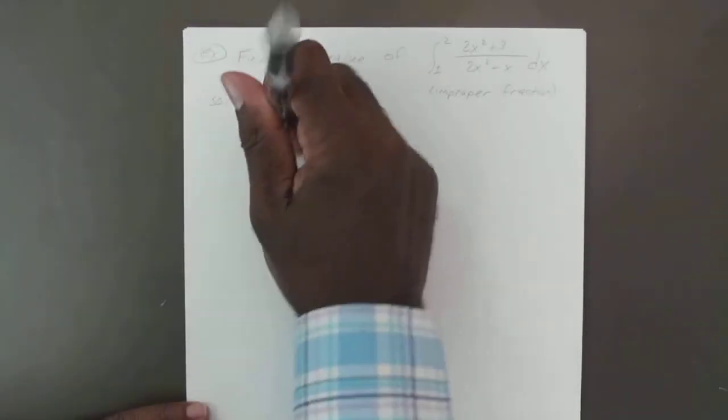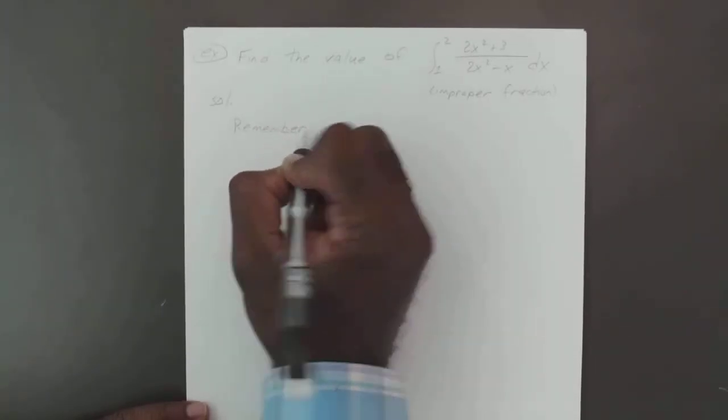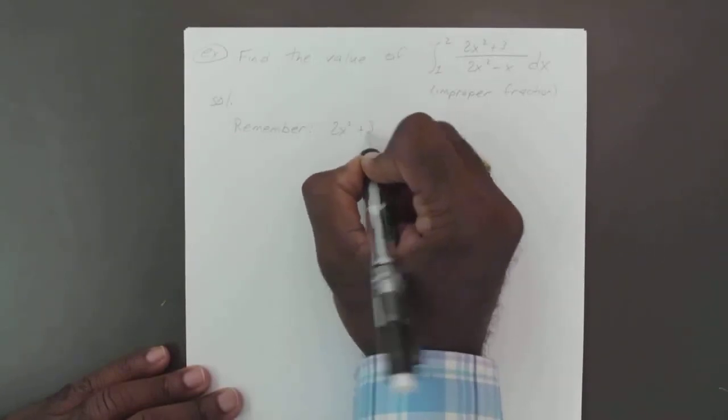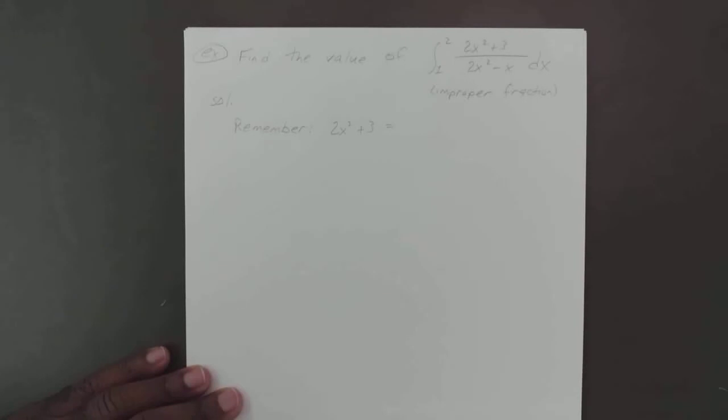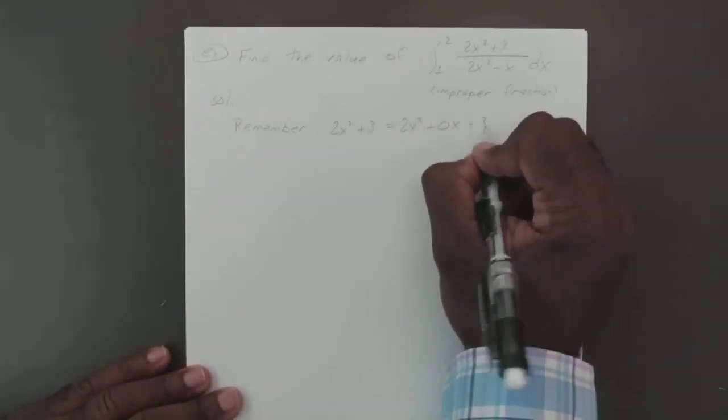Okay, so you have 2x squared. Quick side note: you want to remember the exponents have to be in either descending or ascending order, depending on which direction you're going. But they have to be in descending order going from left to right. So 2x squared plus 3, you have to write that as 2x squared plus 0x plus 3.